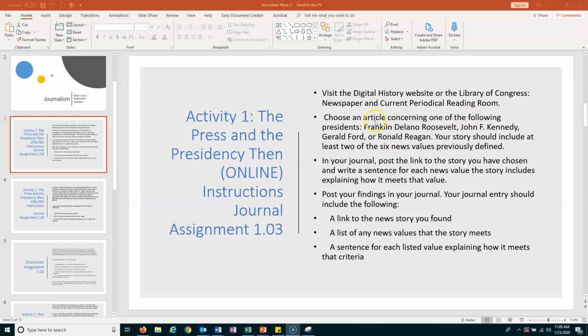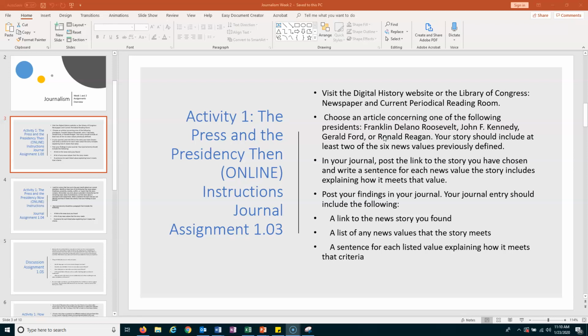So what you're doing for this assignment, and by the way, the journal itself, you are opening up a blank Word document for every assignment. For the journals, there's not a journal that is attached. So when you go to create this assignment, there's not an assignment actually attached for you.